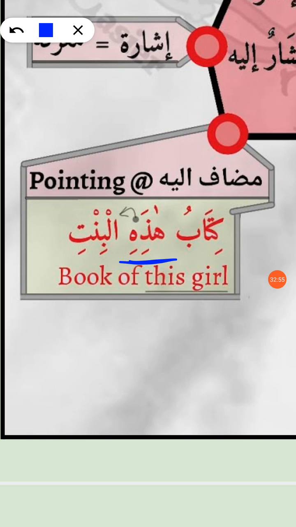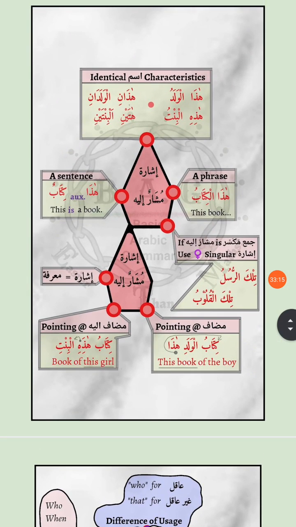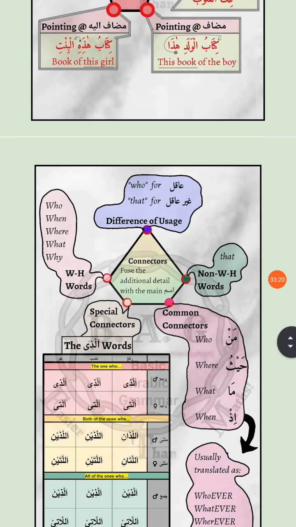Right, so remember the placement. Okay, if you want to point at Musaf alayh, it comes before Musaf alayh. And if you want to point towards the Musaf, then you're going to place the pointing noun after the Musaf alayh. Okay, so these were your points about the musharun alayh, ism ishara and musharun alayh.